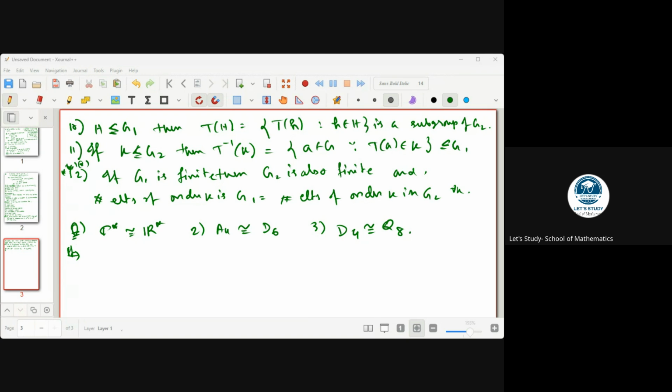If anyone has already done it, you can tell me. We have written all those properties, so just try to apply them.